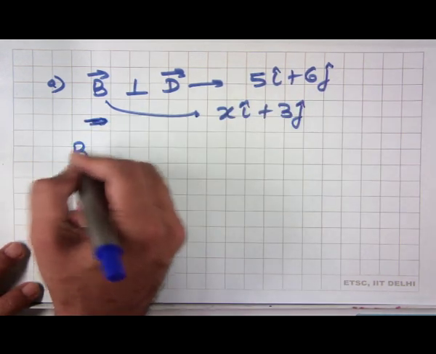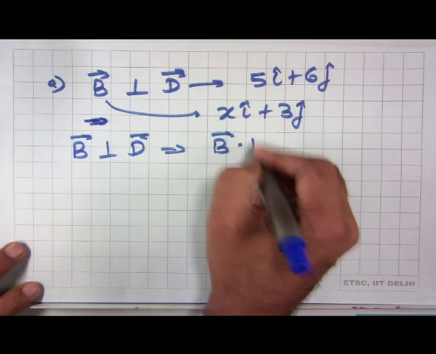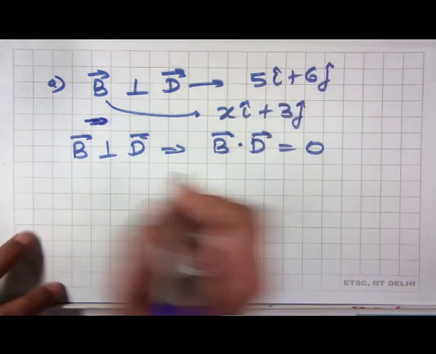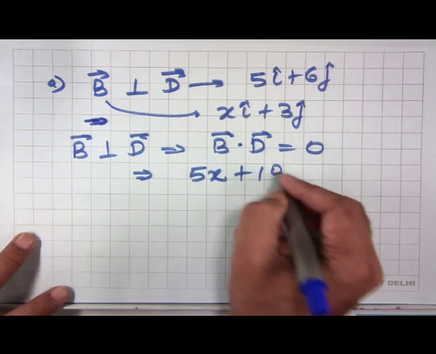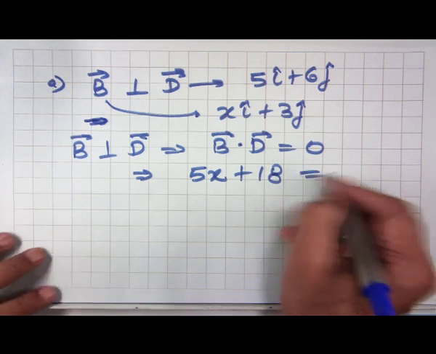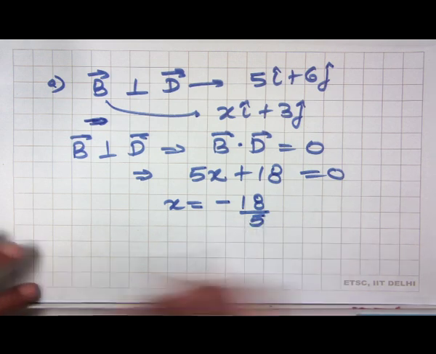Since B is perpendicular to D, B dot D is equal to 0. So, this will give us 5x plus 18 is equal to 0. So, x will be equal to minus 18 divided by 5.